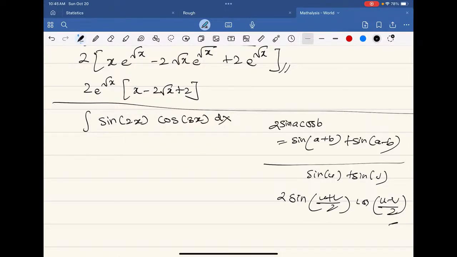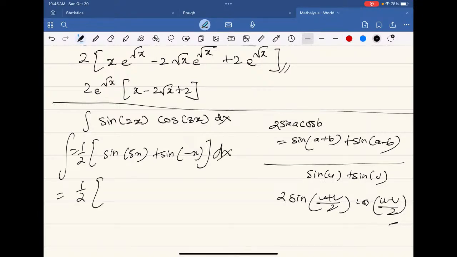Now this will be 1 by 2 of sine 5x plus sine minus x, and the integral and then dx. And this will be half of, the integral of sine is negative cos, right? Negative cos 5x by 5. Now plus, this minus sign will come out again, since it changes to cos, again that will be plus, eventually just cos x over 1 plus c.